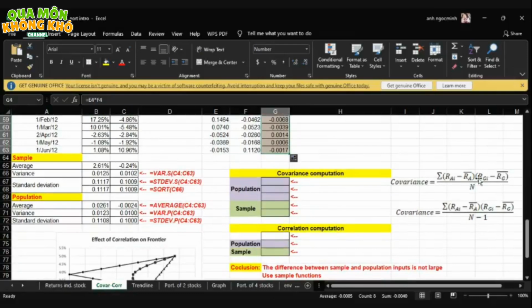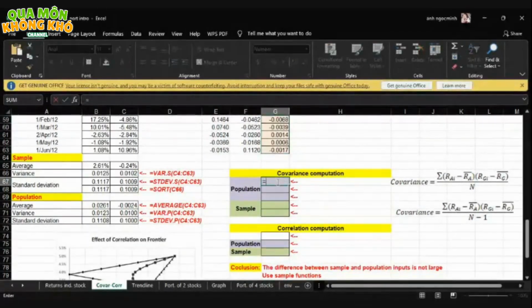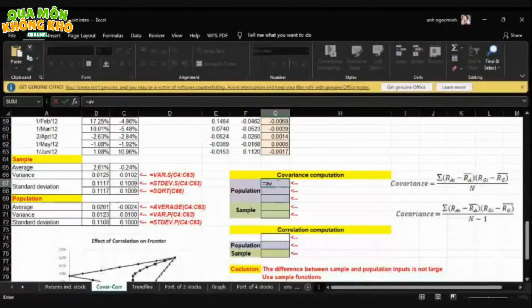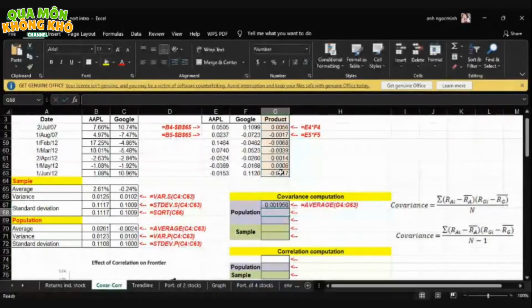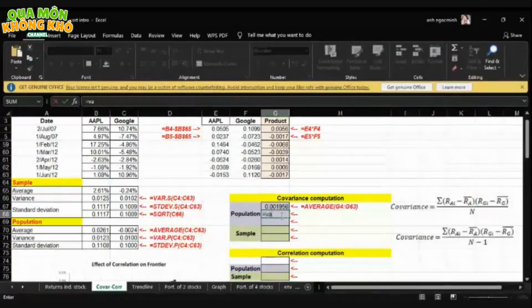So the first way to calculate covariance, we take the average of this value, and the next method we can use the function from Excel.